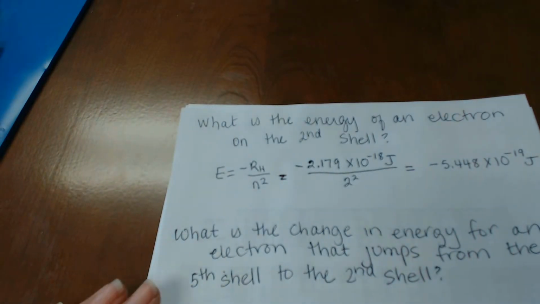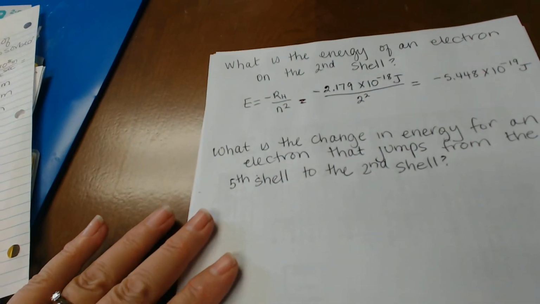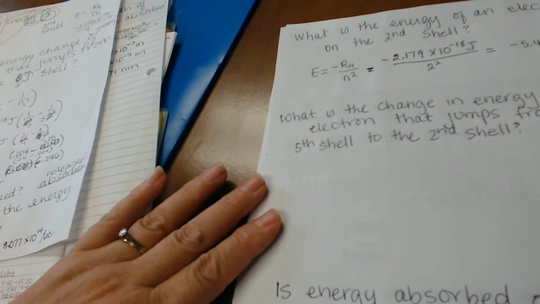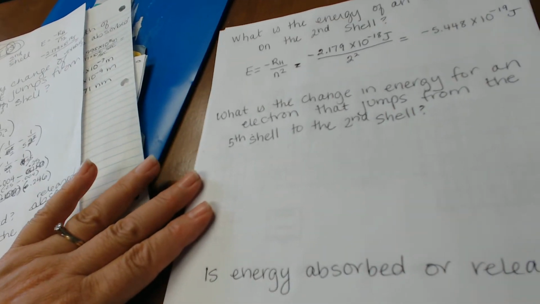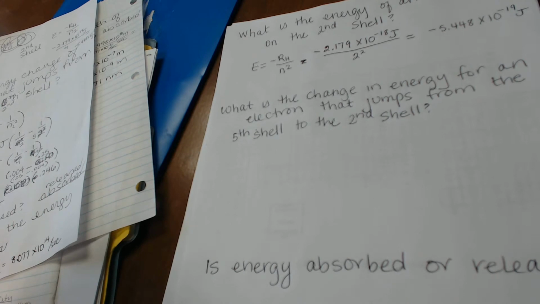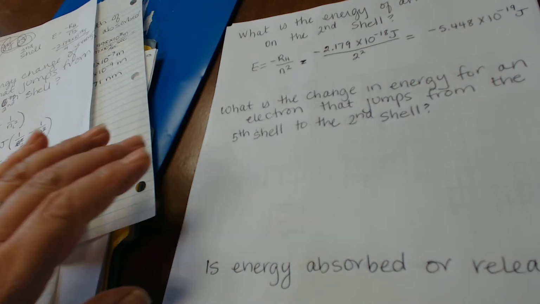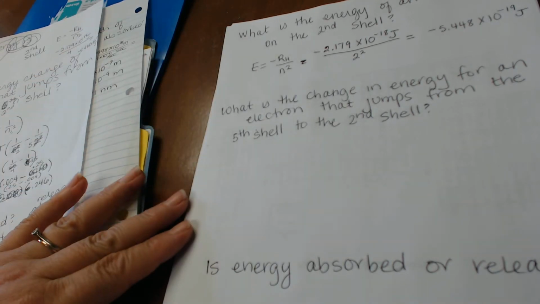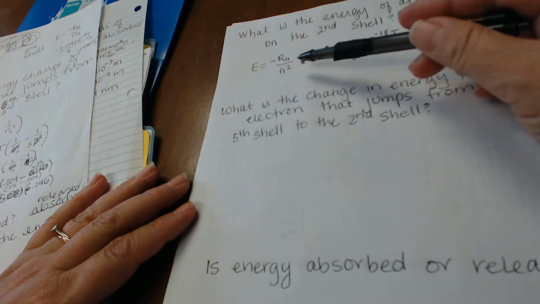Okay, the second question here says, what is the change in energy for an electron that jumps from the fifth shell to the second shell? Well, there's a lot of ways that you can do that, and you can use the equation that we used up here.